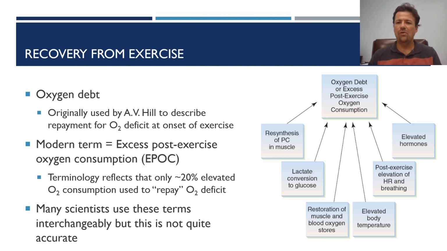There are elevated hormones that are also causing an increased BMR, all needing more oxygen. And that's all in addition to the lactate conversion to glucose that requires oxygen. And that's why, even though the terms are sometimes used interchangeably, most modern exercise scientists prefer the term excess post-exercise oxygen consumption to oxygen debt.